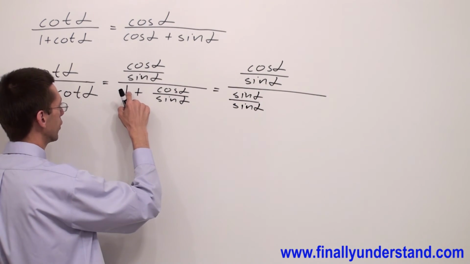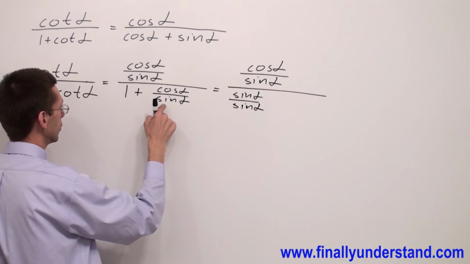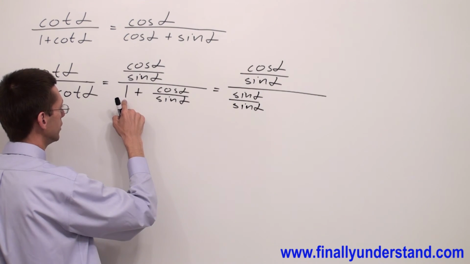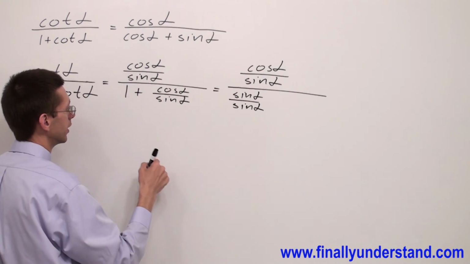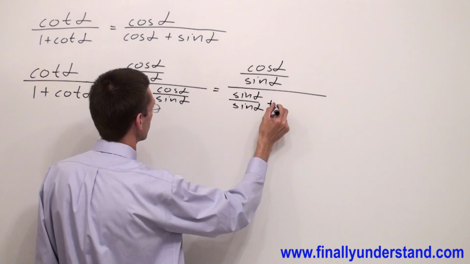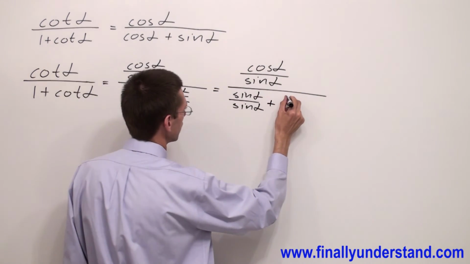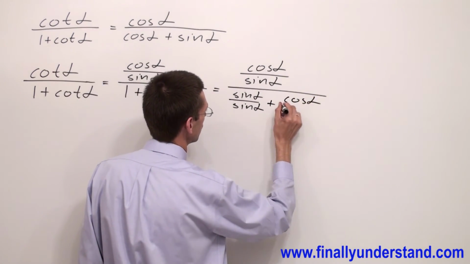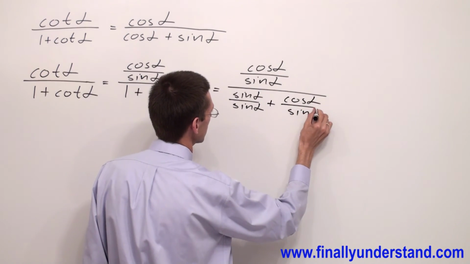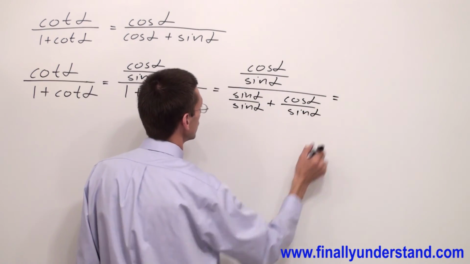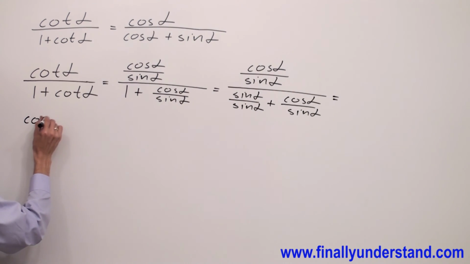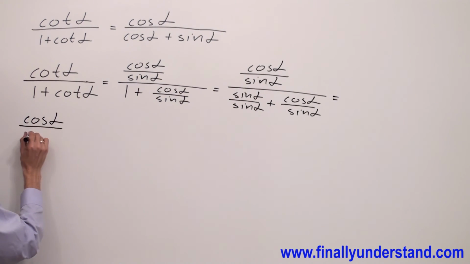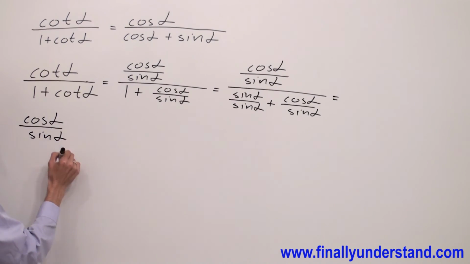If you are going to convert 1 to fraction, the common denominator is going to be sine alpha. In order to find out the numerator, you have to also multiply 1 by sine alpha, plus cosine alpha over sine alpha. This is equal cosine alpha over sine alpha.